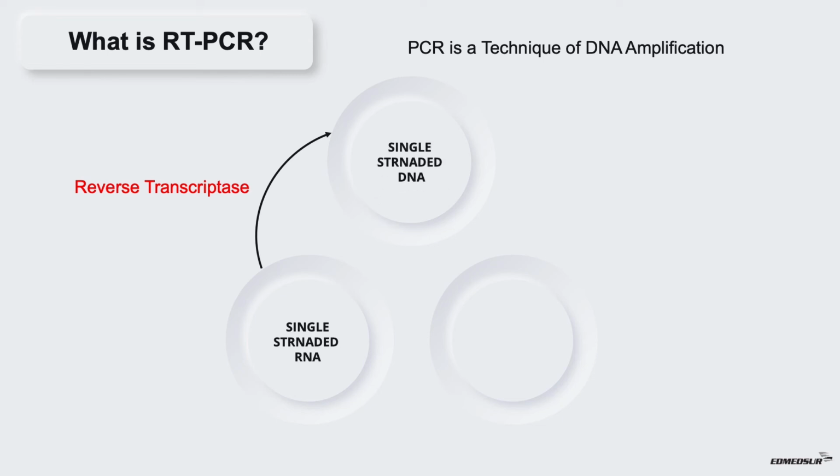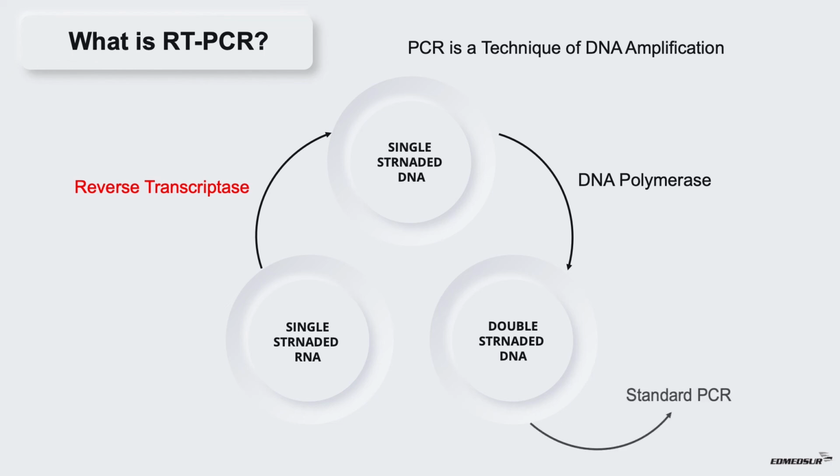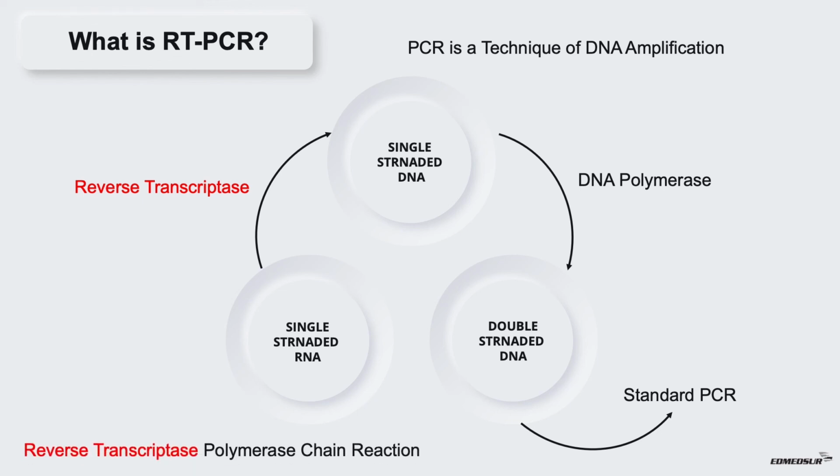Next, the single-stranded DNA is converted into double-stranded DNA by DNA polymerase. Then, the newly synthesized DNA can be amplified by standard PCR procedures. This approach is universally known as reverse transcriptase polymerase chain reaction or RT-PCR.